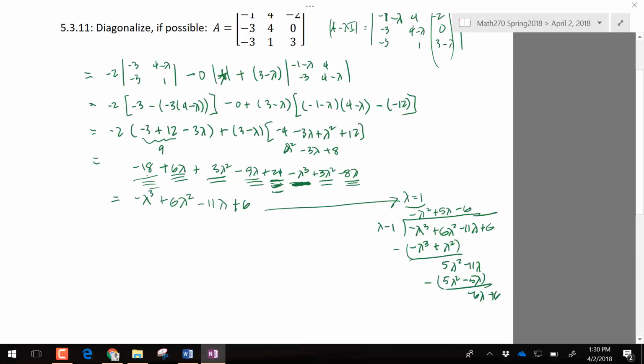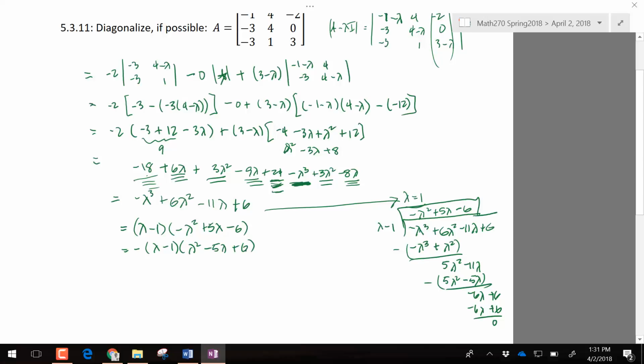So that would be negative 6 lambda plus 6. And that's a perfect division. So this is going to be my first factoring, lambda minus 1, and then you got negative lambda squared plus 5 lambda minus 6. This negative is kind of bothering me, so we could just move that outside and see if we can factor this.